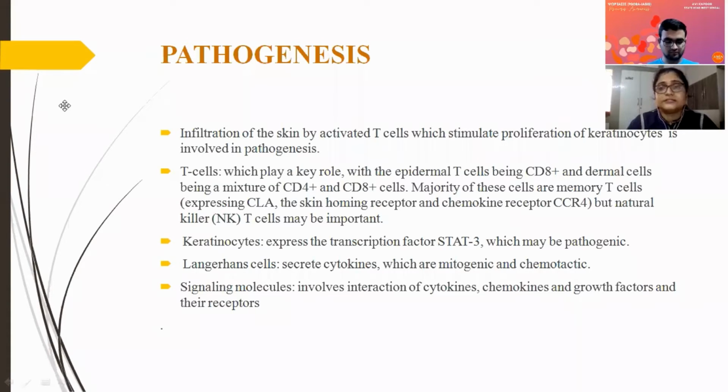The majority of these cells are memory T cells expressing CLA, the skin homing receptor, and chemokine receptors like CCR4, but natural killer T cells may be important. So all these kinds of T cells play a role in the pathogenesis.